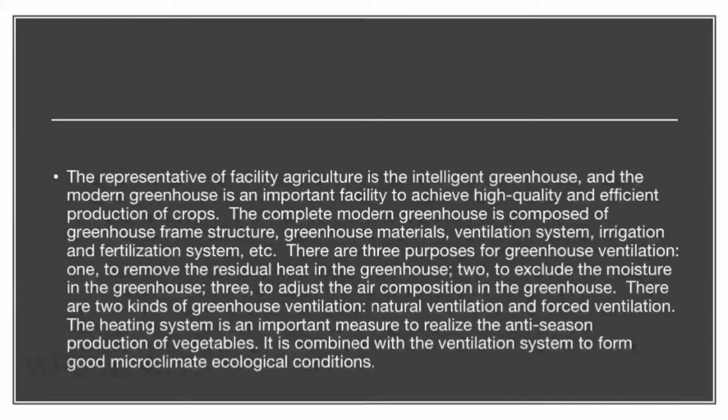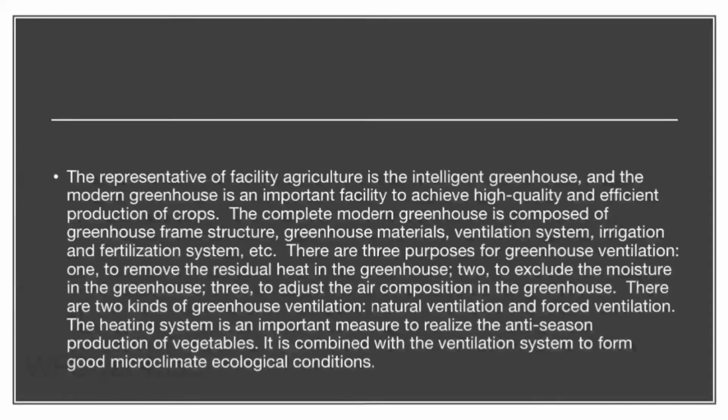Next, the representative of facility agriculture is the intelligent greenhouse, and the modern greenhouse is an important facility to achieve high quality and efficient production of crops. The completed modern greenhouse is composed of greenhouse frame structure, greenhouse materials, ventilation system, irrigation and fertilization system, and so on.